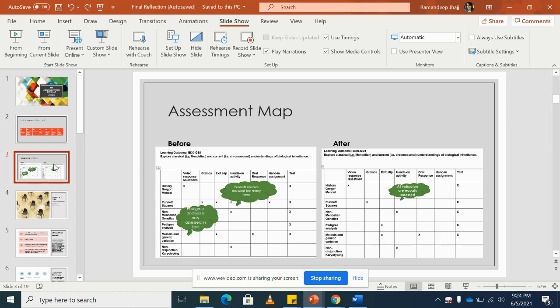And for mitosis and meiosis and genetic variation, I will have students do a little exit slip for that as well. And for the non-disjunction and karyotyping part of the assessment, I will have students do a hands-on activity as well. And once everything is covered, they will do a test in the end.